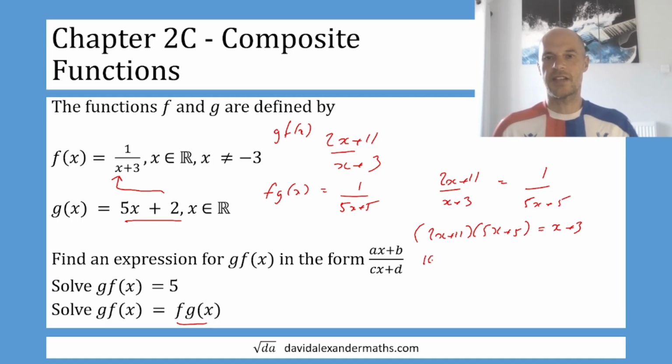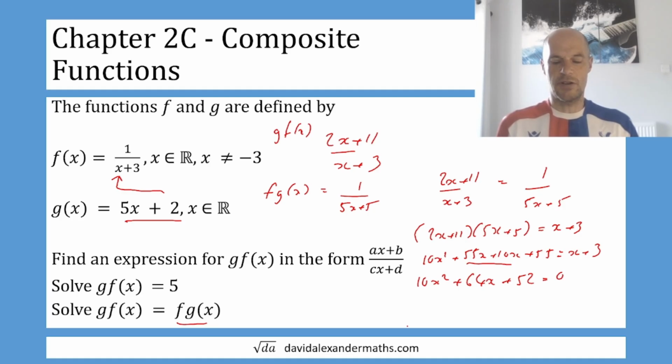So I get 10x squared plus 55x plus 10x plus 55 equals x plus 3. So that is 10x squared plus 65x, and I'm going to take away that x from the right hand side, so plus 64x, take away 3, plus 52 equals 0.